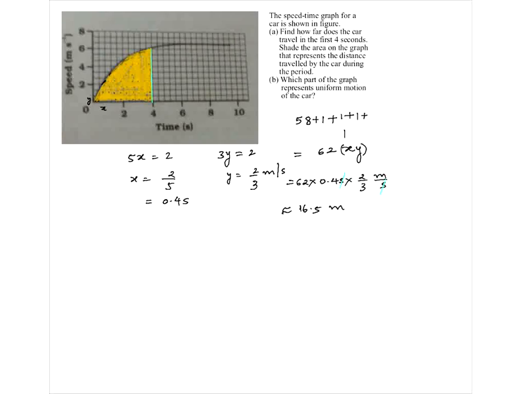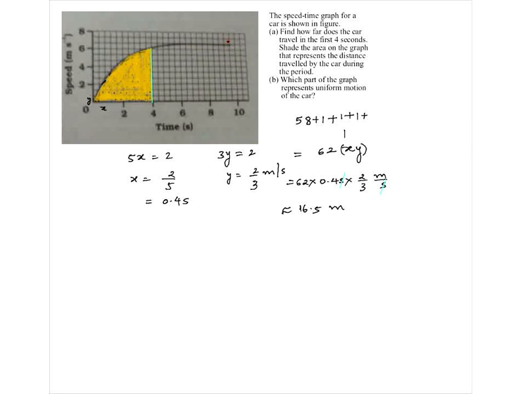Which part of the graph represents uniform motion of the car? So 6 seconds onwards. 6th second onwards, you're right. It's a flat line.